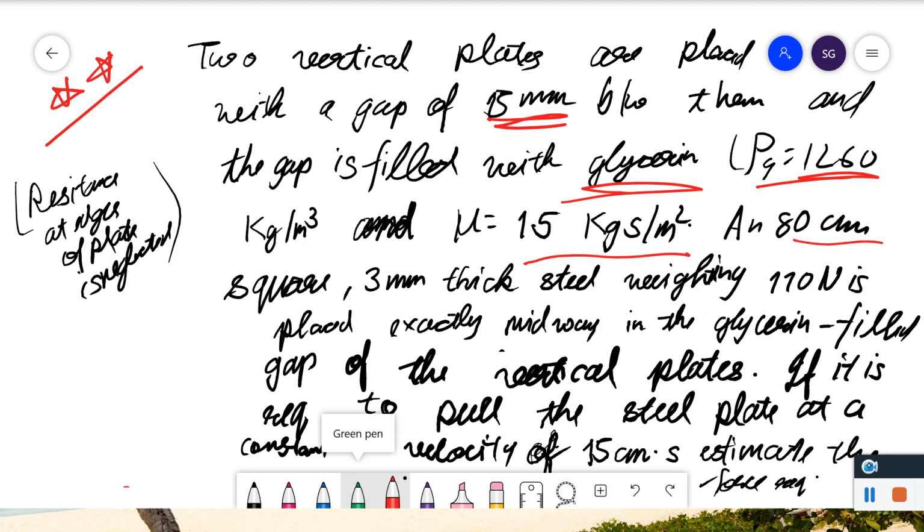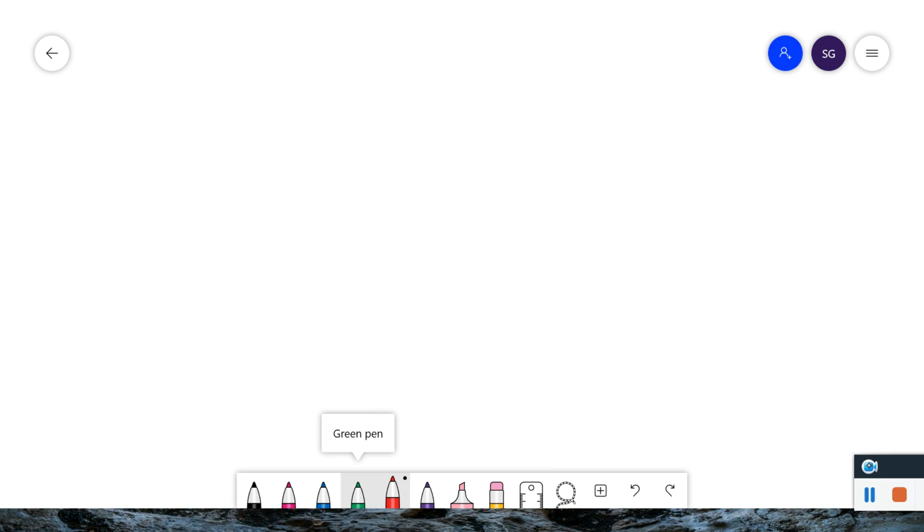And an 80 centimeter square and 3 mm thick steel plate, weighing 110 Newton, is exactly midway in the glycerin filled gap. If it is required to pull the steel plate at a constant velocity of 50 centimeter per second, estimate the force required.